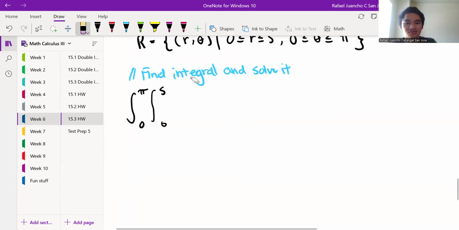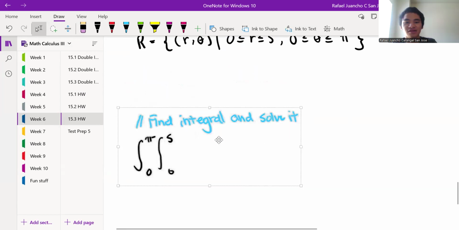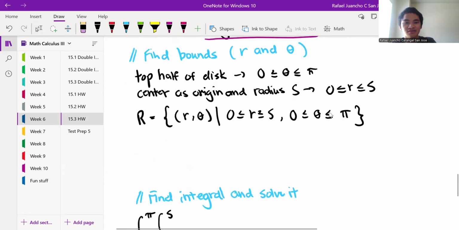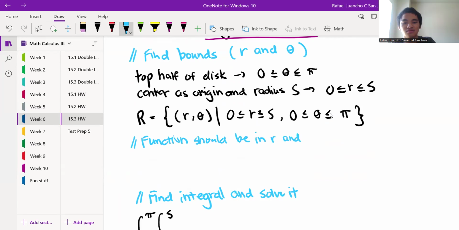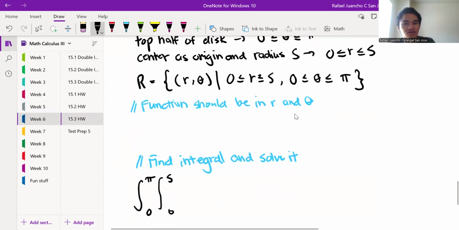I just realized. Okay, so once we get that, we need to also have our function in terms of r and theta. So the function should be in r and theta, or just theta, it doesn't matter, because we're using the polar coordinates technique.